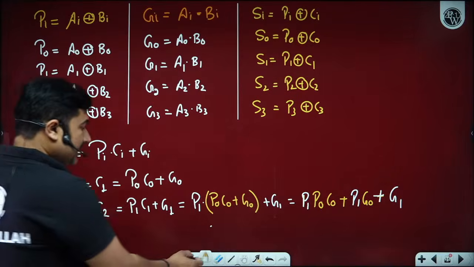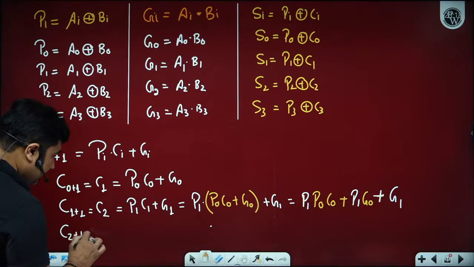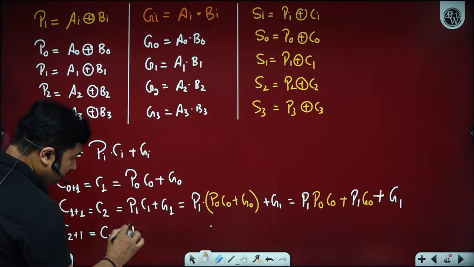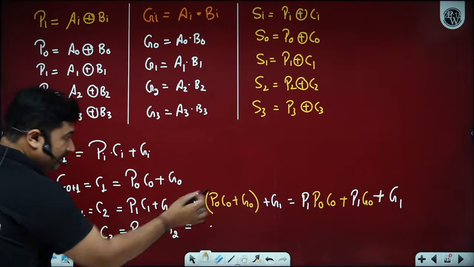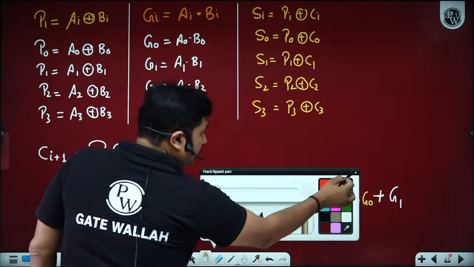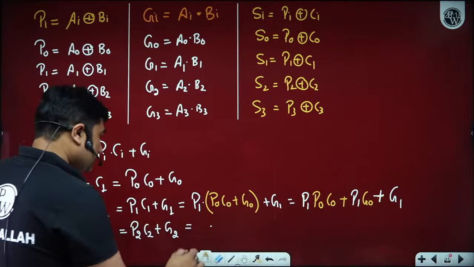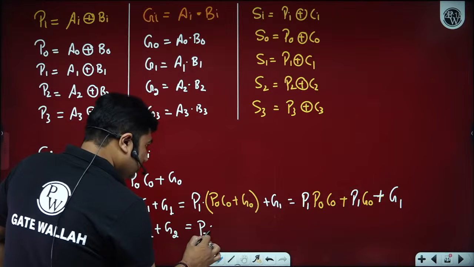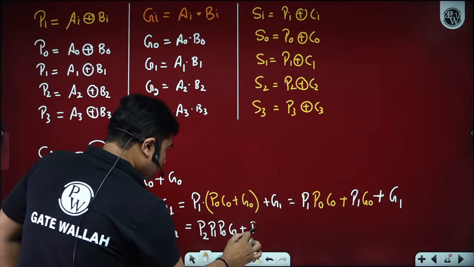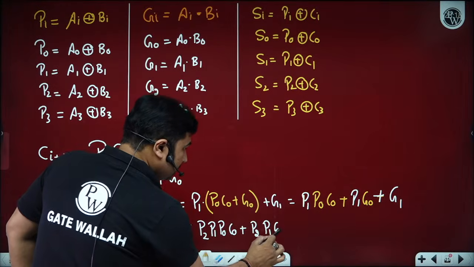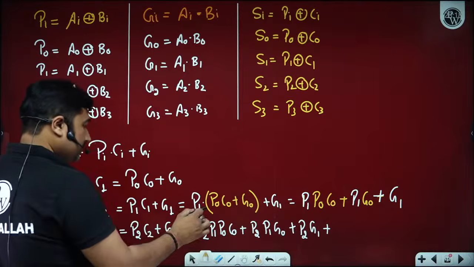In the same way, can you generate C3? Yes, sir. C2 plus 1, C3 will become P2 C2 plus G2. If I replace C2 with what we have got as P1 P0 C0 plus P1 G0 plus G1, this will become P2 P1 P0 C0 plus P2 P1 G0 plus P2 G1 plus G2.